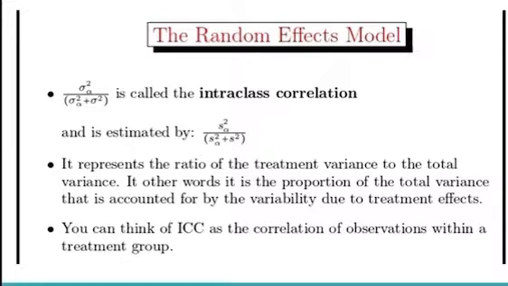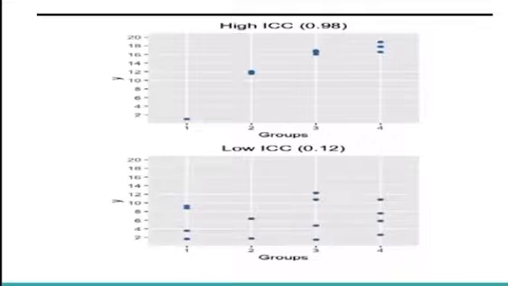Intra-class means within the same group. But don't forget, in the fixed effect, they should be independent, but in the random, they are not. If they are not independent, then correlation exists. Okay, so what I'm trying to show you here, some could have a high correlation and some could have low within different groups.